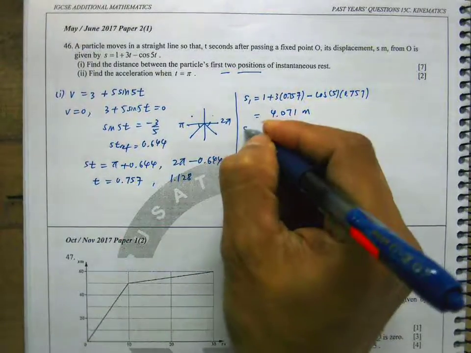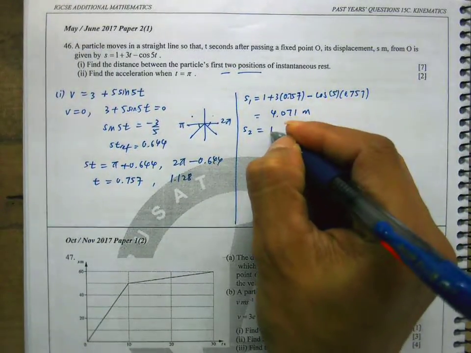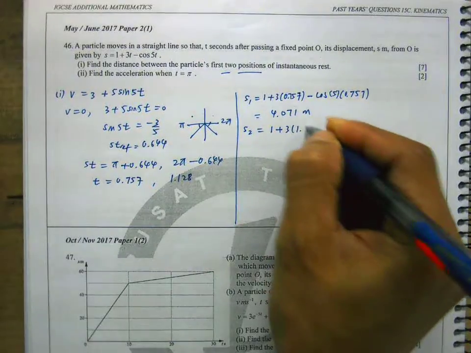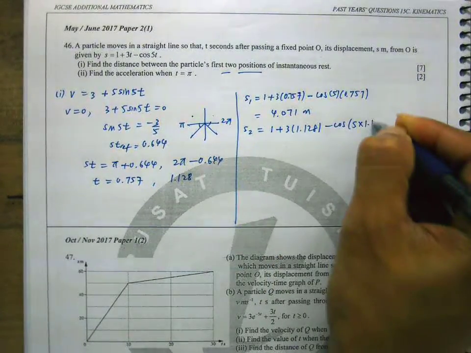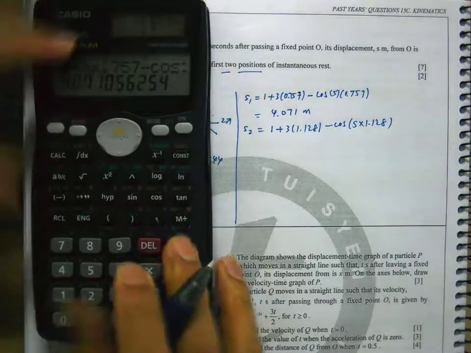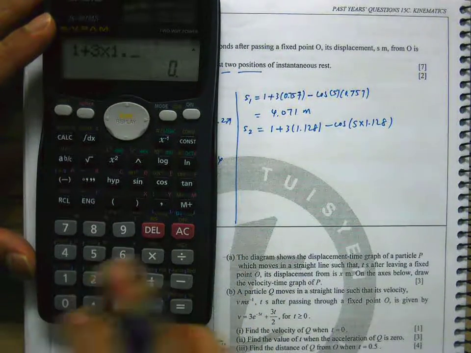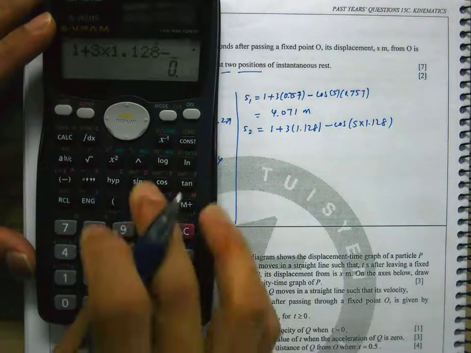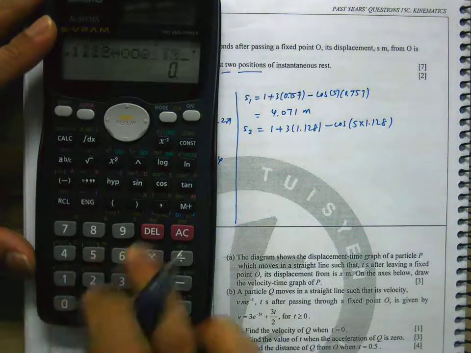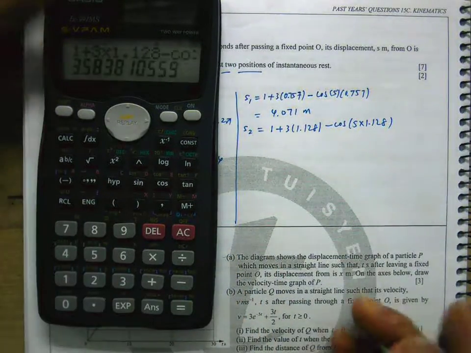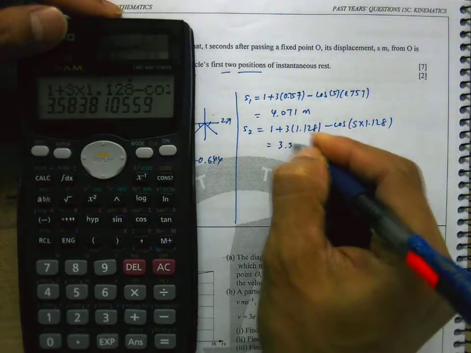Okay, now the second position will be 1 plus 3 times 1.128, minus cos of 5 times 1.128. Okay, the result is 3.584.